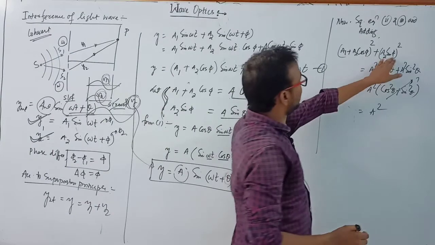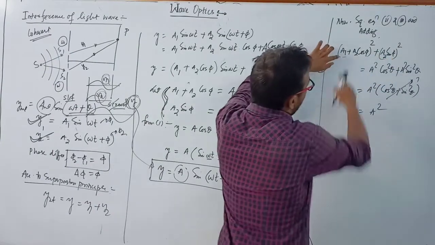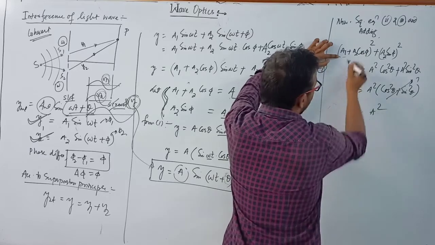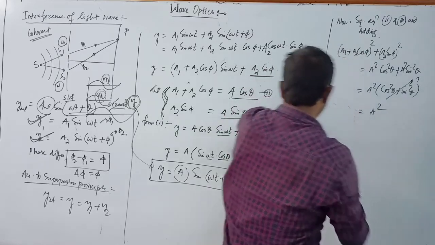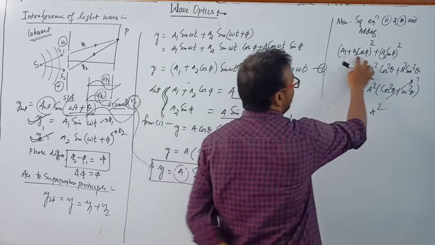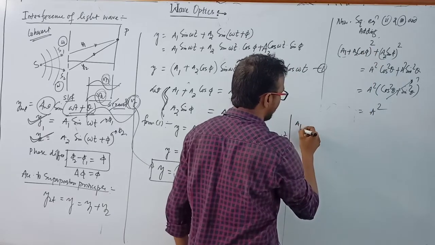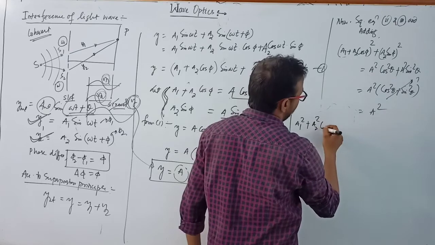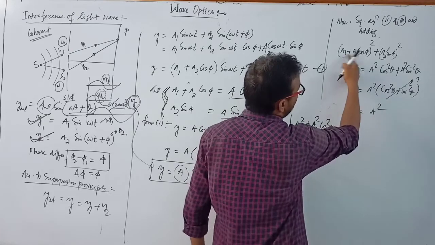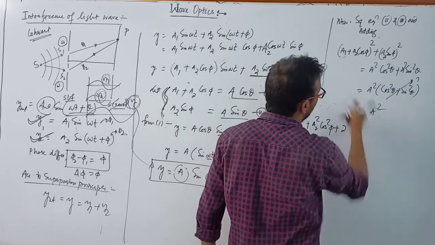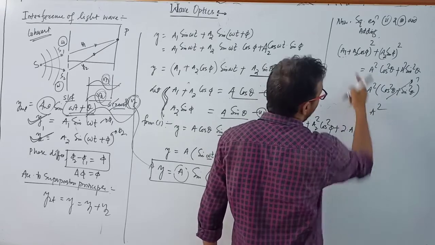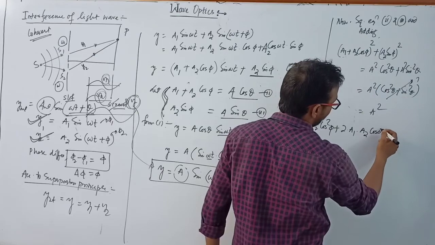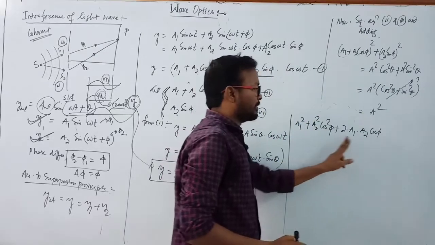So here the another term, that is (a plus b) whole square, which means a square plus b square plus 2ab.